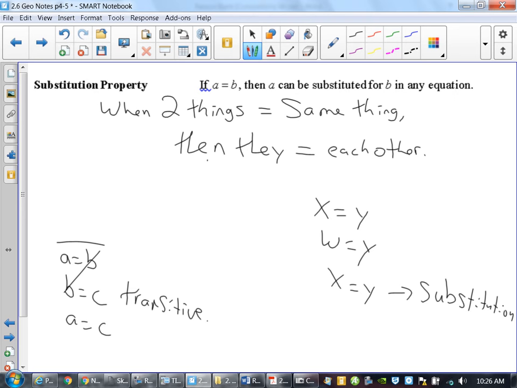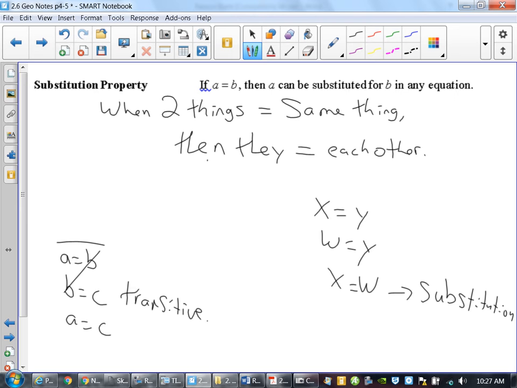Substitution is probably one of the most widely used reasons in any proof. So if you're drawing a complete brain fart and have no idea what it is for your reason, it's not the worst idea to guess and put substitution in. Yes, sir? Oh, thank you. I just saw that Y and just kept writing it down.